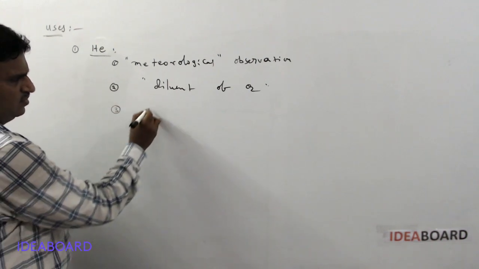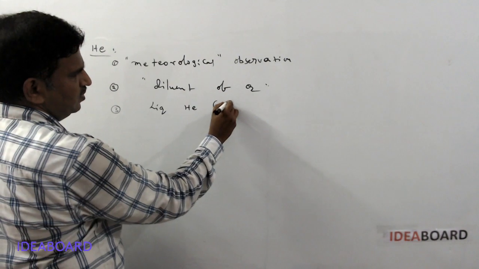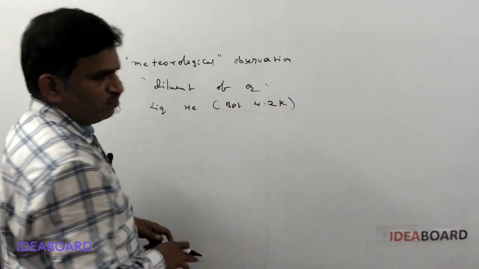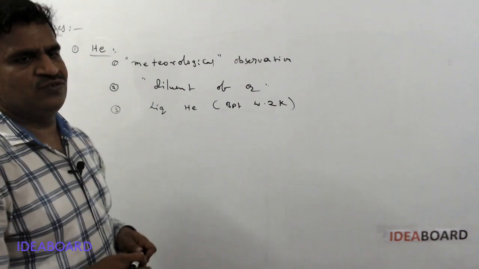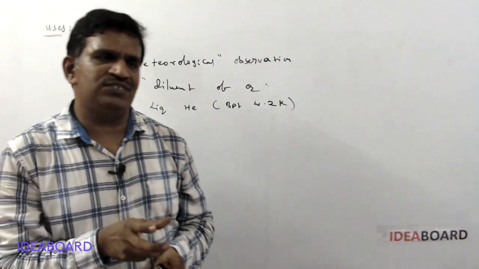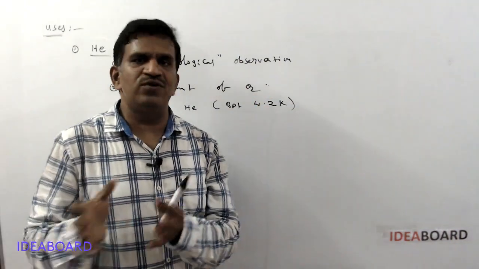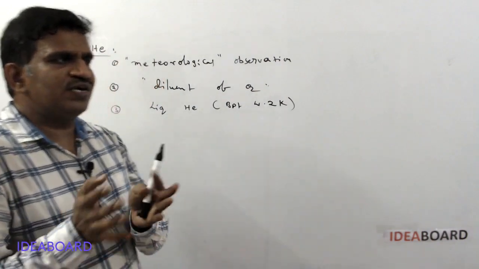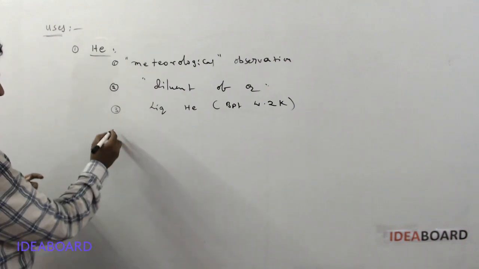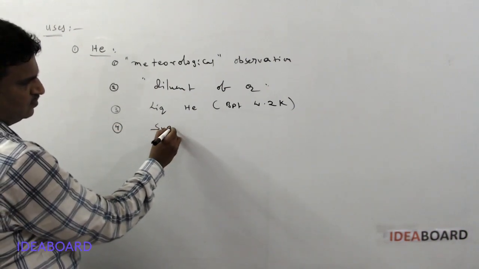And next, the third point, liquid helium. Liquid helium has a boiling point of 4.2 Kelvin, a very low boiling point. Liquid helium is used as a cryogenic agent to carry out experiments at very low temperatures. Some experiments can be conducted only at very low temperatures, so to provide that low temperature we use liquid helium. And this is also used in superconducting magnets.